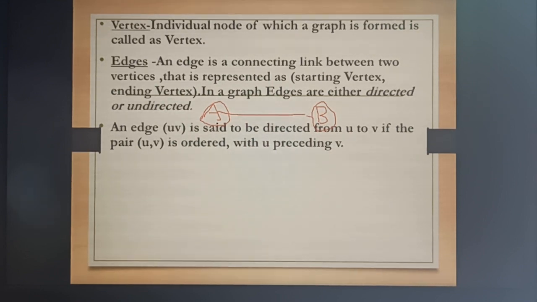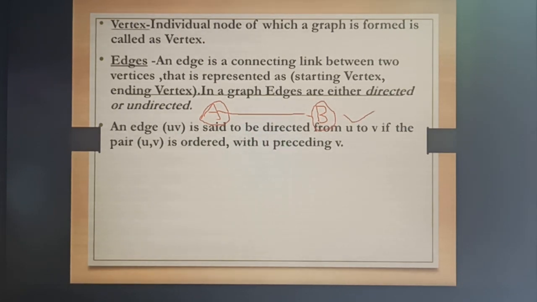Okay. So here it is written that one edge may be either directed or undirected or weighted. If there is no direction mentioned above the edge, that is called an undirected edge.